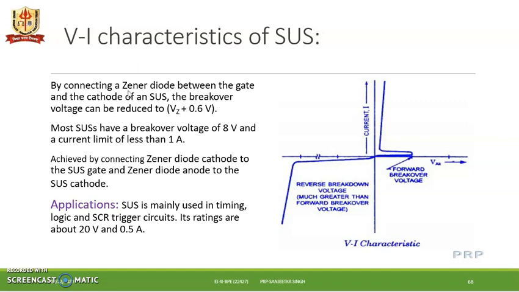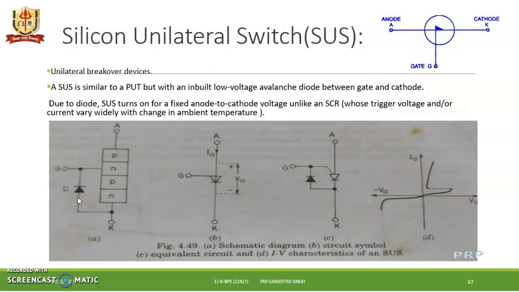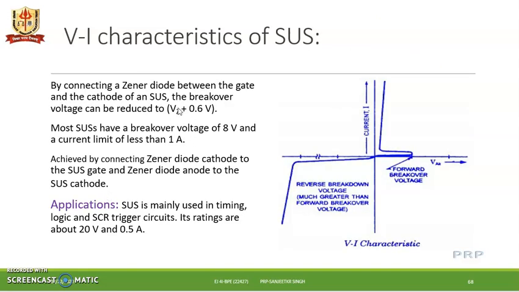Now if we connect a Zener diode between the gate and the cathode of SUS, then the breakover voltage can be reduced to Vz, that is the Zener diode voltage, plus 0.6 volt.